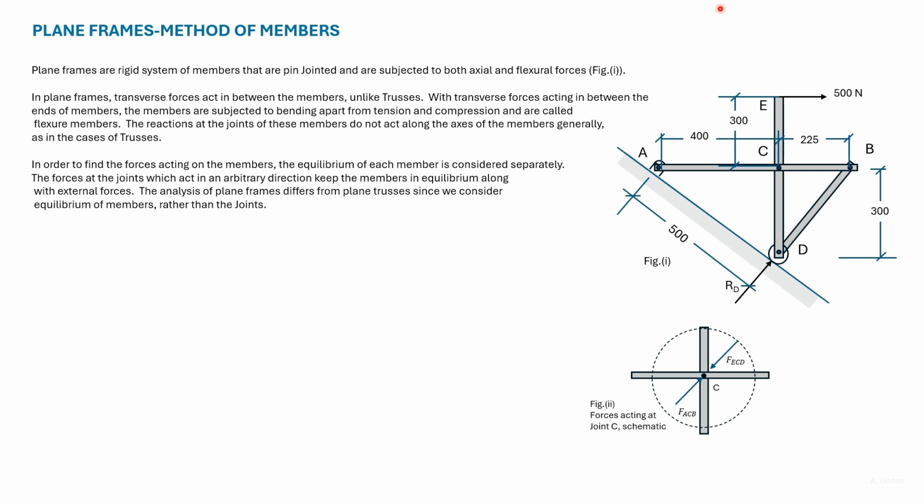Let's first look at the exchange of forces between the joints and the members in a plane frame. Here there's a force at pin B due to BP. Pin B reacts with an equal and opposite force. There's also a force at pin B due to ACP, and again pin B reacts with an equal and opposite force.